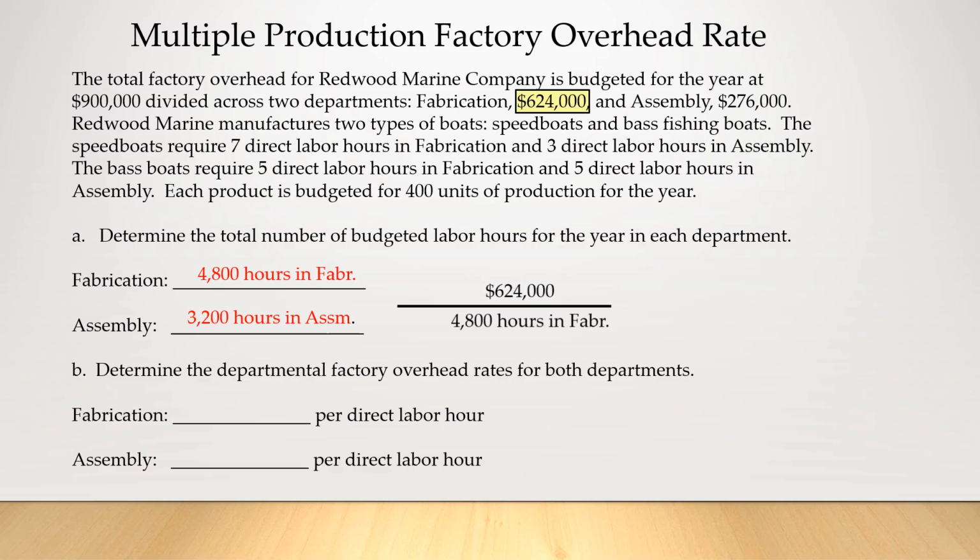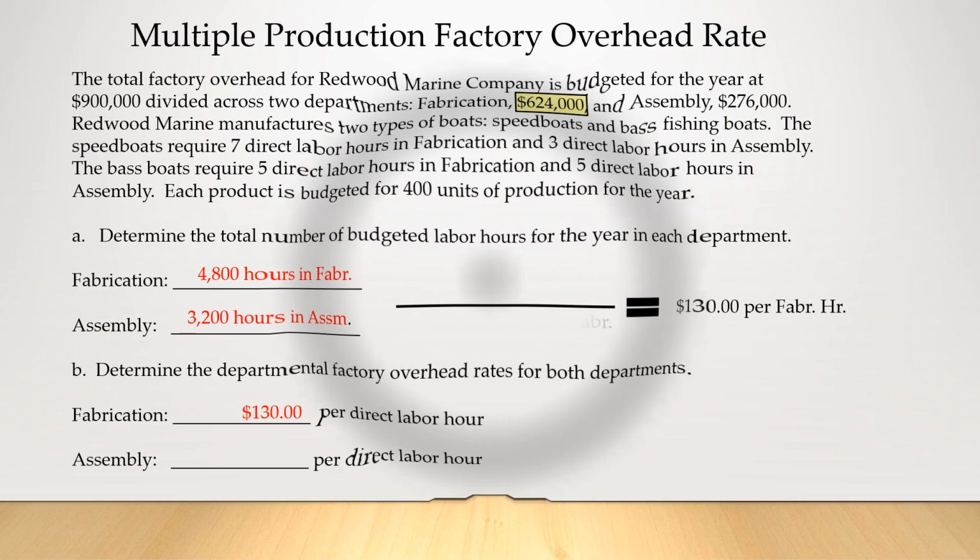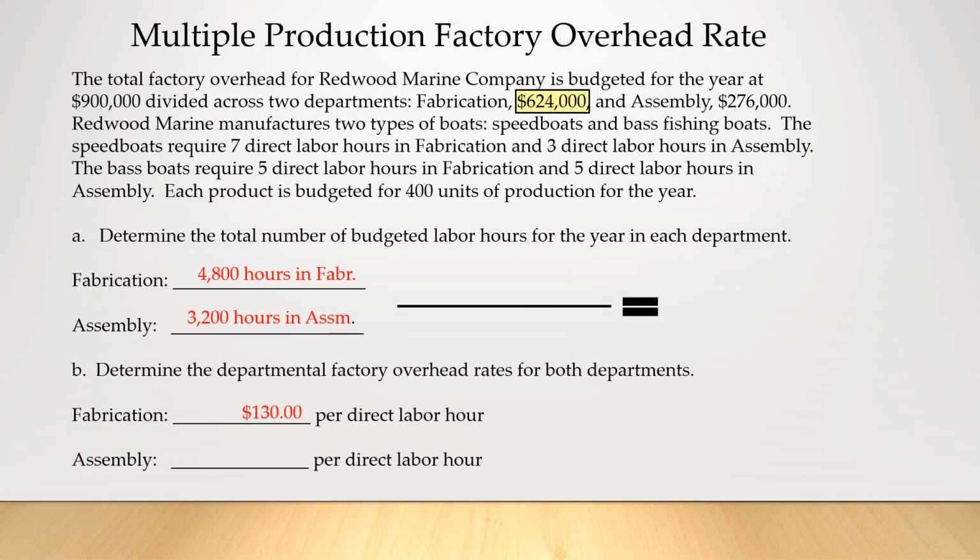Divide the latter by the former, and we have our overhead allocation rate for fabrication. We'll repeat the same process for assembly. Our assembly allocation rate is $86.25 per hour.